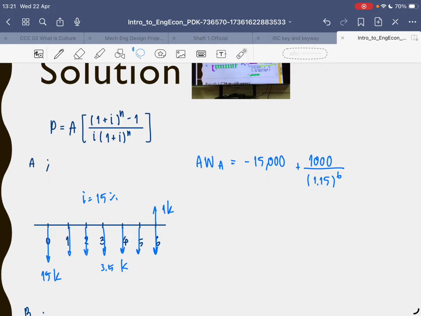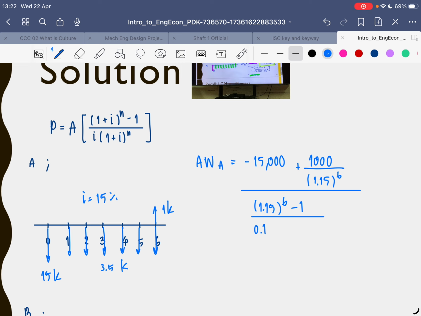In the sense, it brings this 1,000 back to time 0. And then I would like to distribute it over 6 years. Therefore, I divided by 1.15 to the power of 6 minus 1 divided by 0.15 times 1.15 to the power of 6.